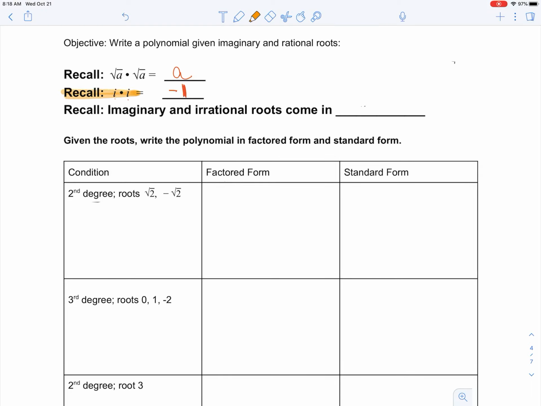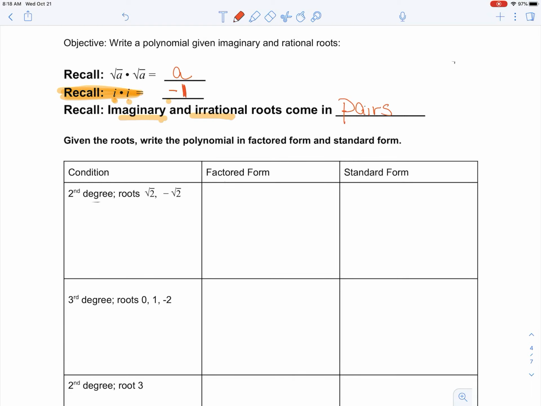If this is something new to you, I'm going to put a video on Google Classroom so that you can go and watch a video on i's if you don't understand. But for now, I just need you to know that i times i is equal to -1. And imaginary and irrational roots come in pairs. There will always be 2, 4, 6, 8 of them, never just 1 or 3.